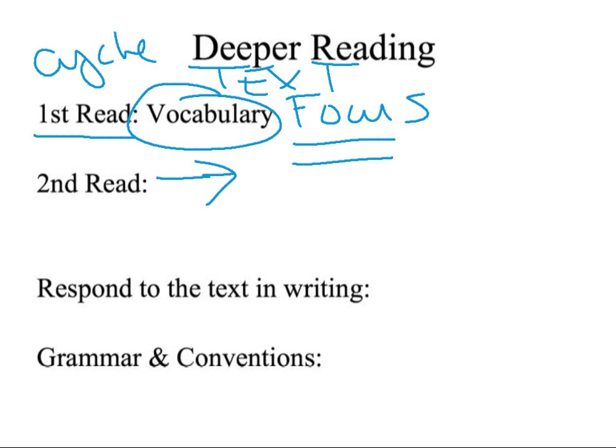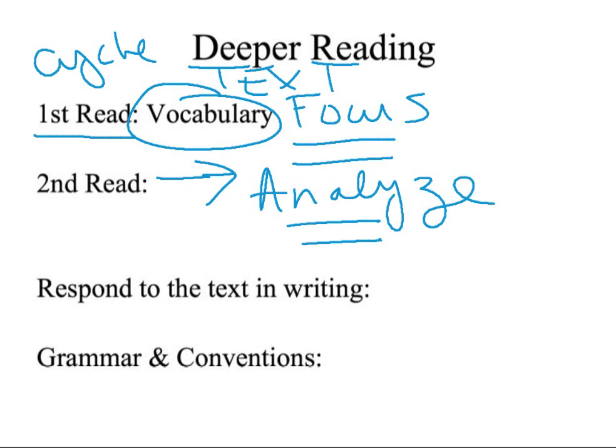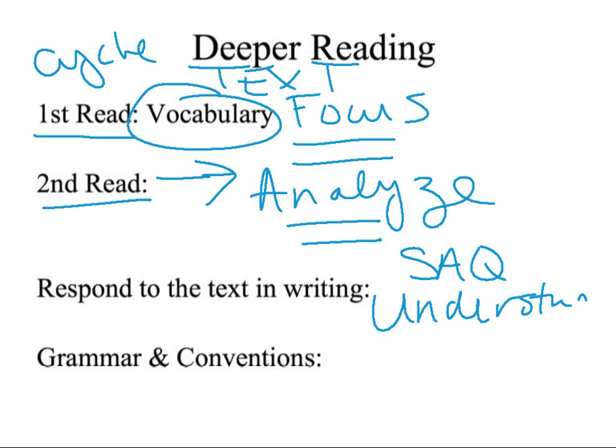After that, they will do a second read where they're analyzing the text. So I'm taking them back to the text, but this time to analyze or do a second read of the text. And then finally, I have them respond to the text in writing so I can see what they actually understand about the text. In the last part of this, I'll have them revise their writing for grammar and convention errors.